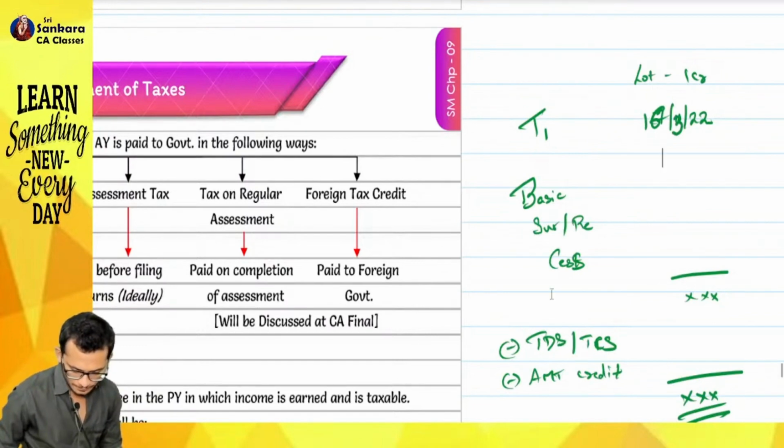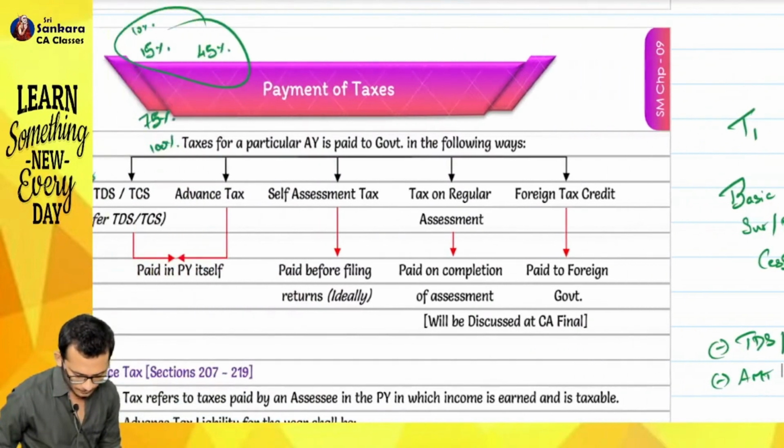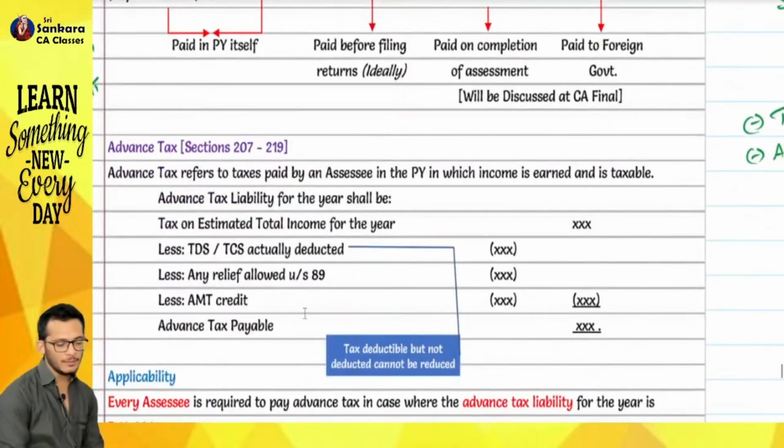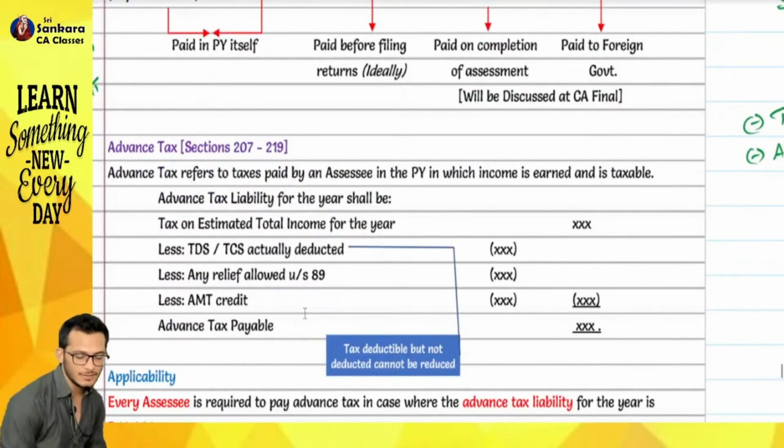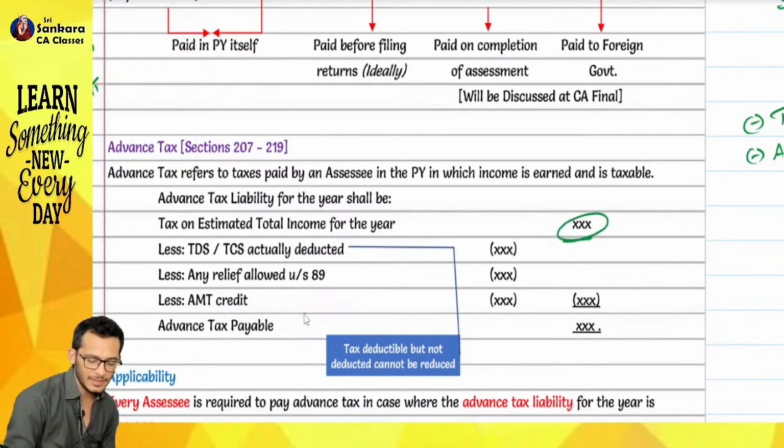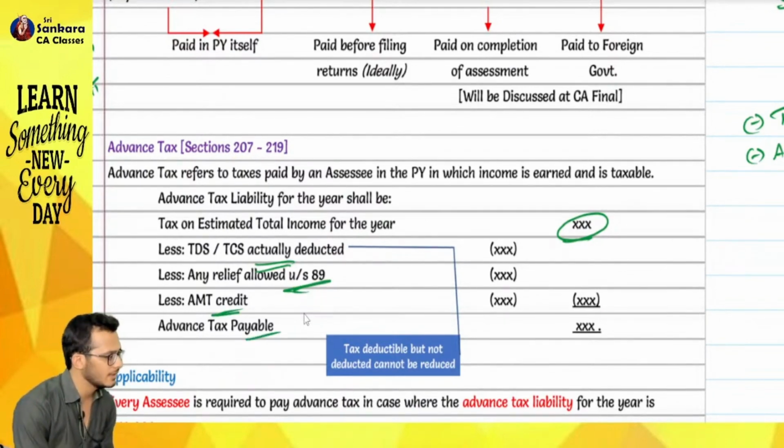Read. Advance tax refers to payment made by the assessee in the previous year in which the income is earned and is taxable. Advance tax will be estimated as follows: tax on the estimated total income, less TDS actually deducted, relief received under 89, AMT kind of credits, and advance tax payable will be the final answer.